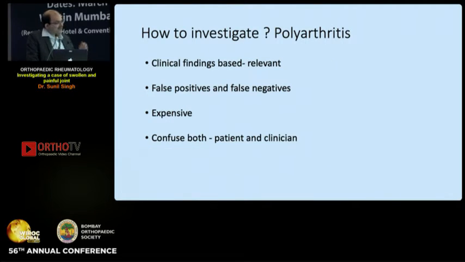And in case of polyarthritis, the laboratory has to be purely clinically based. We have to realize that there are a lot of false positives and false negatives in the serological tests that we ask for. They are expensive, and therefore one should avoid asking for an arthritis blanket panel, because the results can often be very confusing.